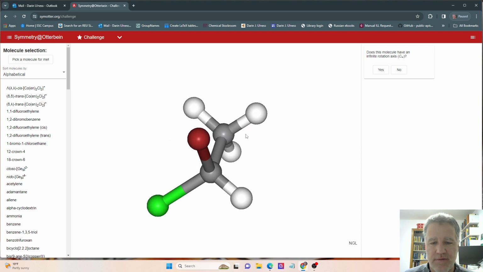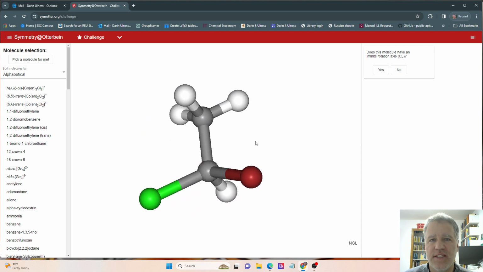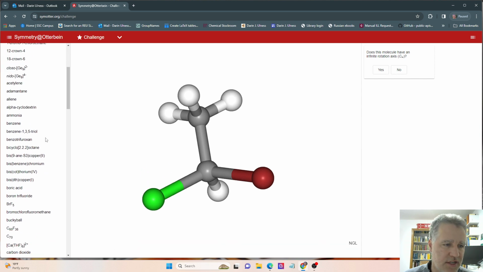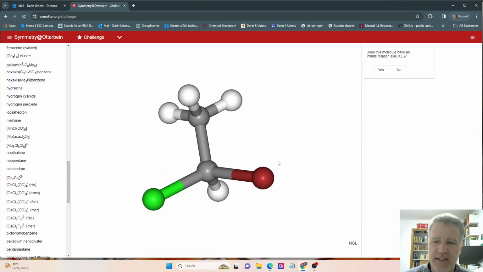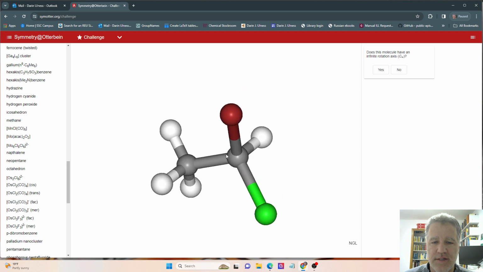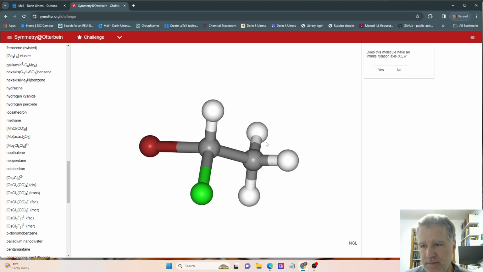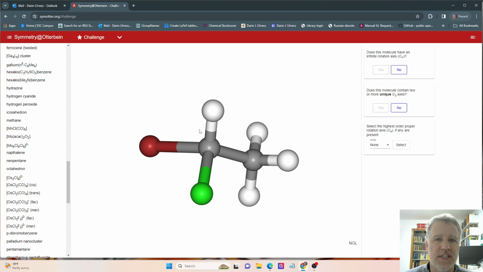And the bottom line is to be able to get these correctly assigned. And so there's tons of practice here, and you just work through. So does it have, right? And then you say no, and then is there a unique C3? No, and you can just keep working through the flowchart that way.